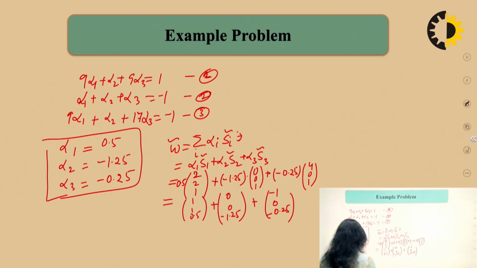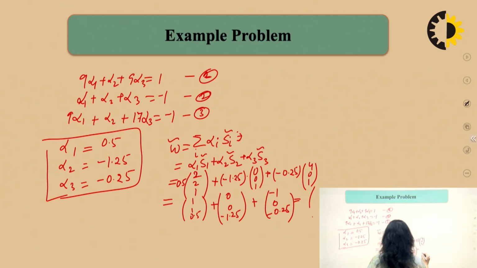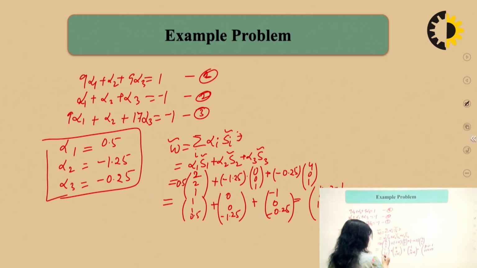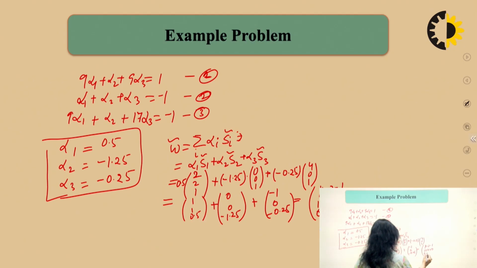Further solving it component wise, you will get W as 1 plus 0 minus 1, then 1 plus 0 plus 0, and from this component, 0.5 minus 1.25 minus 0.25.